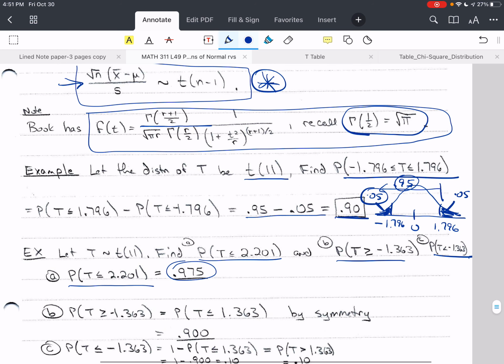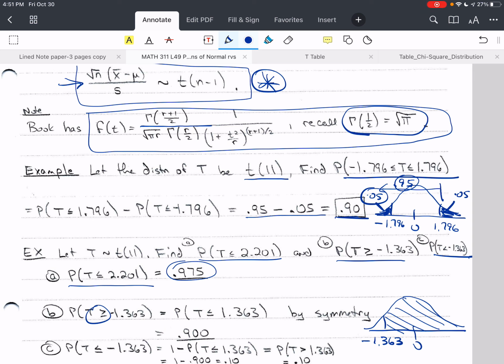Now, the probability that T is greater than or equal to negative 1.363. Again, a sketch will help us. Negative 1.363, and we said greater than. So that means that we would shade up here. And remember, zero's here. So there's no negative numbers in the t table. But we know by symmetry that if this is 1.363, that the area here is equal to the area here.